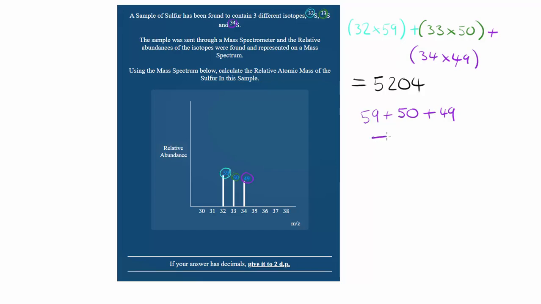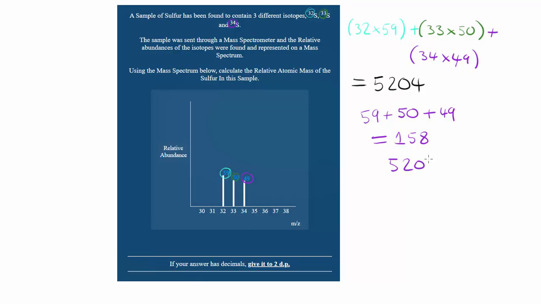In this case, it actually adds up to something greater than 100. It adds up to 158. So this is one of the reasons why it's very important to check. You shouldn't just assume that you divide the sum of the relative isotopic masses multiplied by the relative abundances by 100. In this case, we would actually have to divide 5204 by 158.